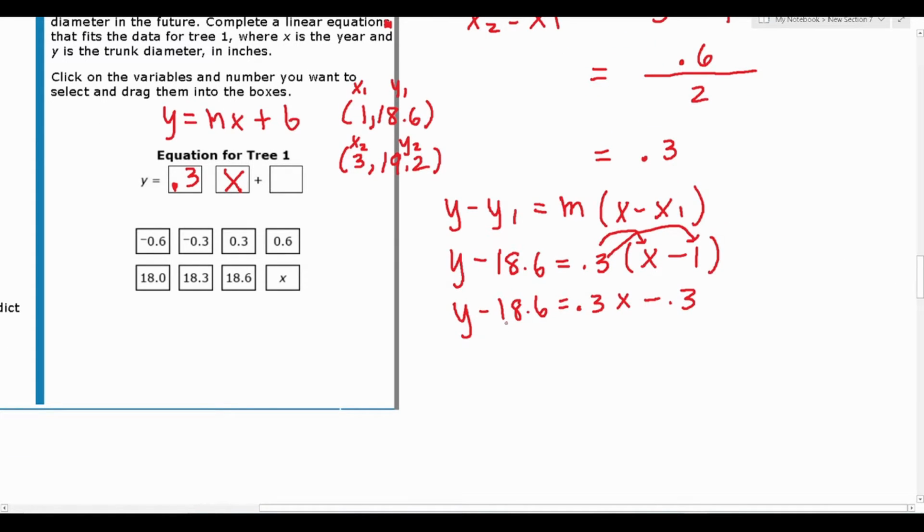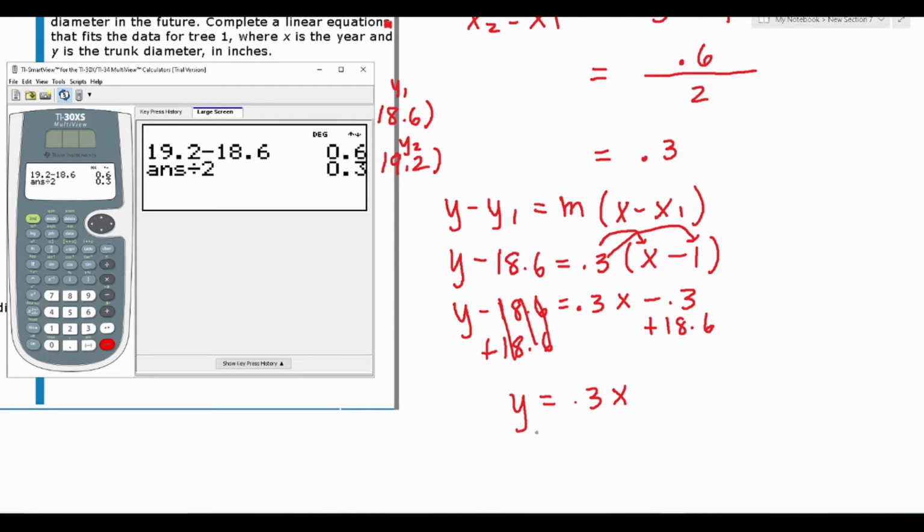Now we're going to just add 18.6 to both sides to get y by itself. This will cross out here, leaving you with just y on this side. Again, this is y equals 0.3x, and then we have negative 0.3 plus 18.6, so we can go ahead and work that out in the calculator if we want. Otherwise, you could do it mentally.